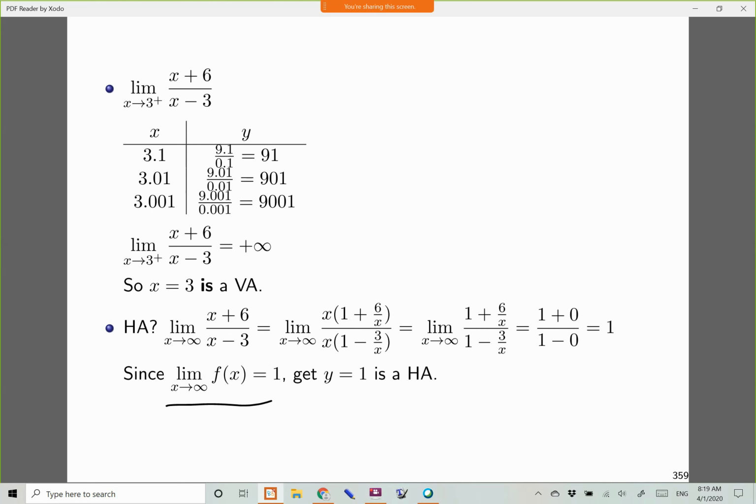So since that's the summary of the work in the line above, we do get here that y equals 1. y equals 1 is the horizontal asymptote. Again, don't just write 1 as a horizontal asymptote or write 1 as asymptote. It should be y equals 1. I know it sounds funny, but it helps as far as drawing the picture more accurately.